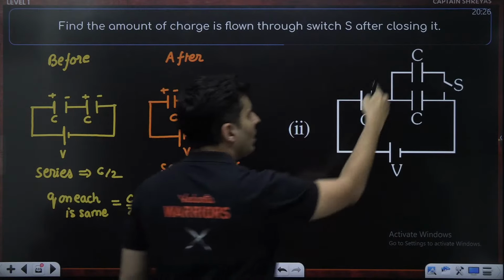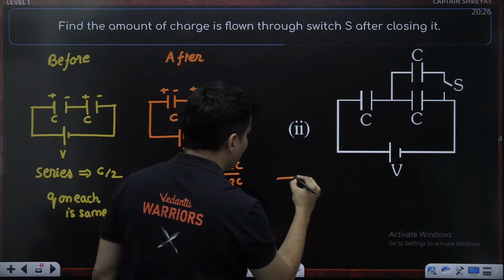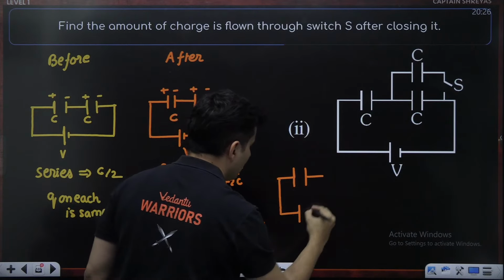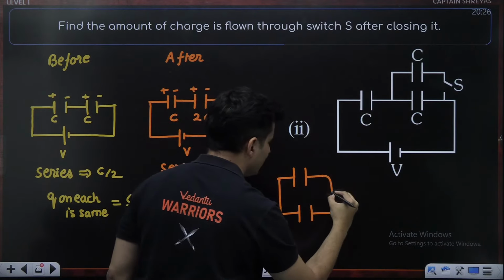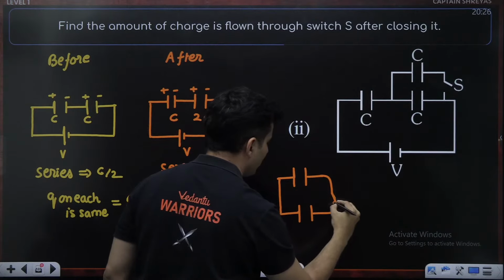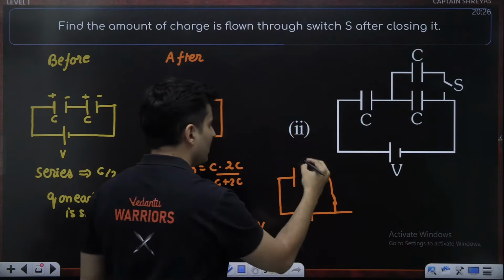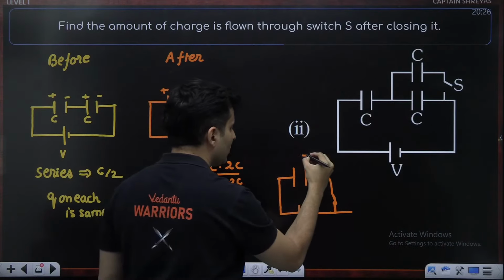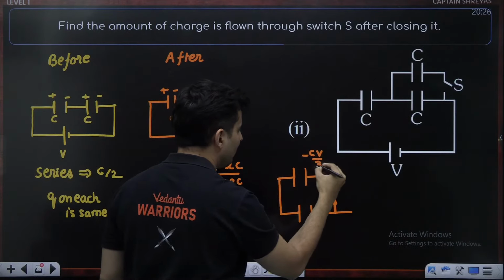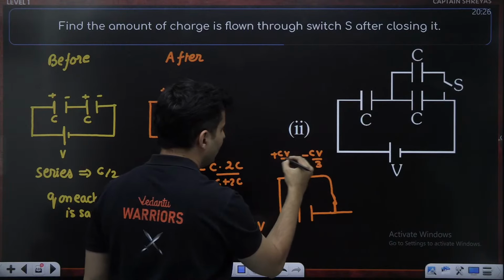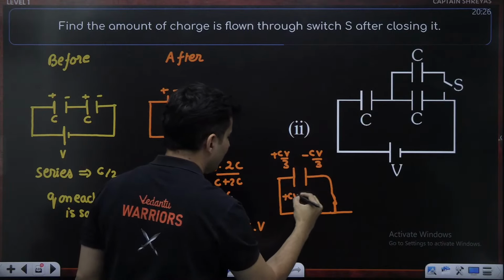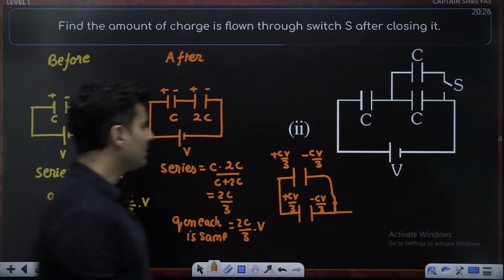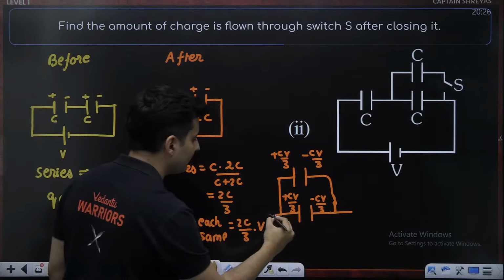So actually, on the top capacitor, what will you see, guys? This is that switch which was closed. You will see half the charge will be on the top, half the charge will be here. So you'll see minus CV by 3 here, plus CV by 3 here, plus CV by 3 here, minus CV by 3 over here.